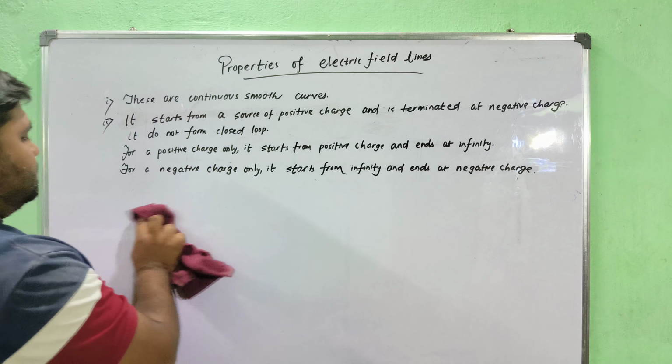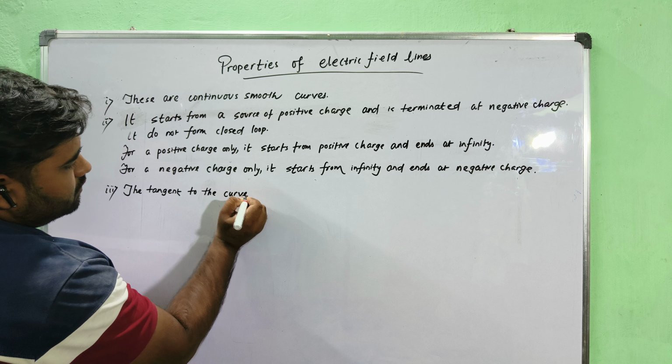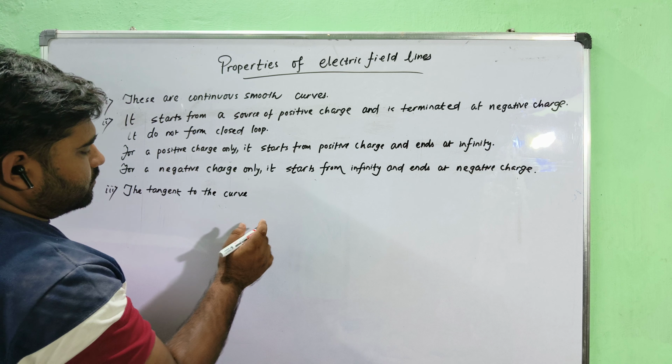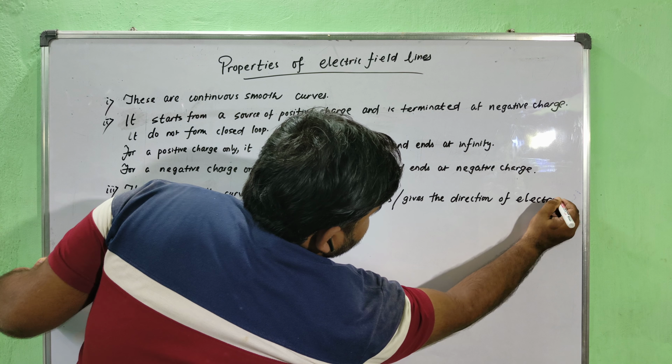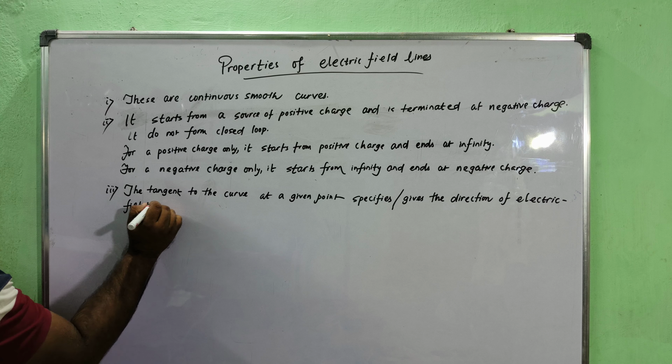The tangent to the curve, the electric field curve, at a given point specifies or gives the direction of the electric field at that point.